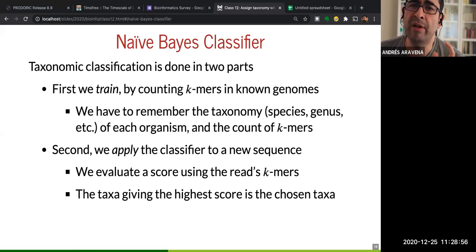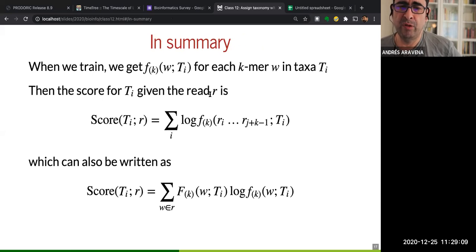So you're not giving a score for the read, you are giving a score for the taxonomy. The read is your input, and your output is the taxonomy. And the taxon with the highest score is the one you say, okay, this is the taxonomy. So you should not be very much surprised that the score is the log of the frequency. Okay?